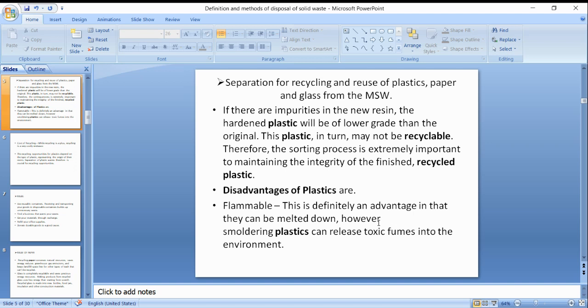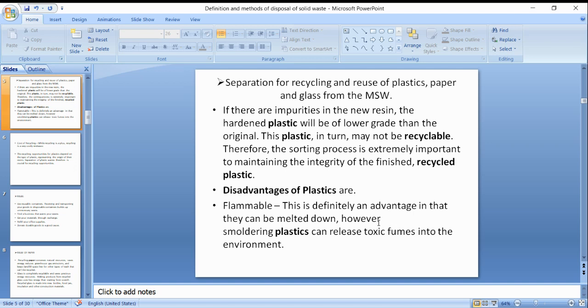Impurities are removed. So the disadvantages of plastics: it is flammable. This is definitely an advantage in that they cannot be melted down. However, smoldering plastic can release toxic fumes into the environment.